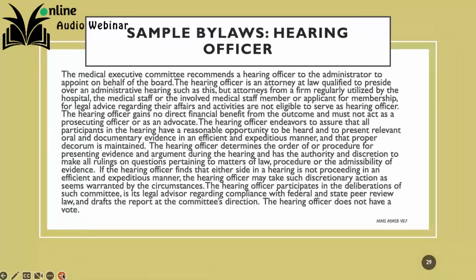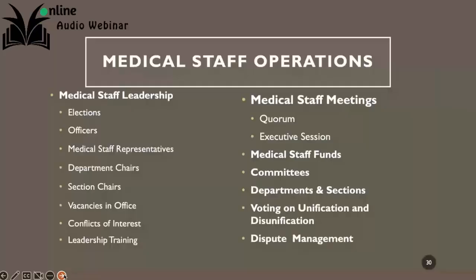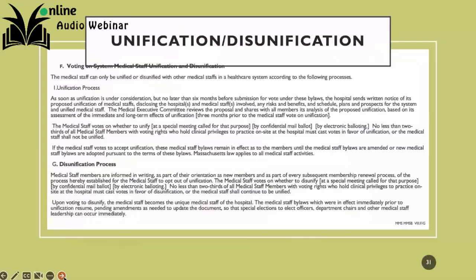It's important to go into certain detail on issues like how there's going to be a hearing officer. In addition to all the corrective action requirements, there's so many other things that the medical staff does in addition to peer review. Unification and disunification, again, a fairly recent requirement under conditions of participation. Committees can be many or few.